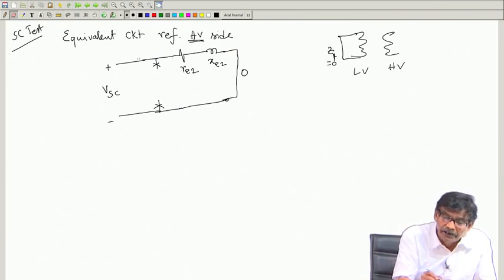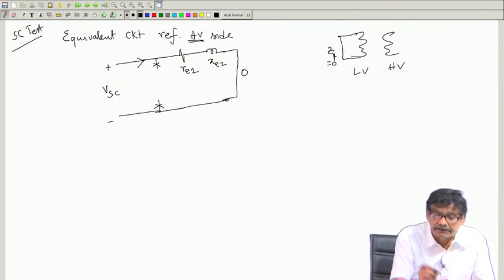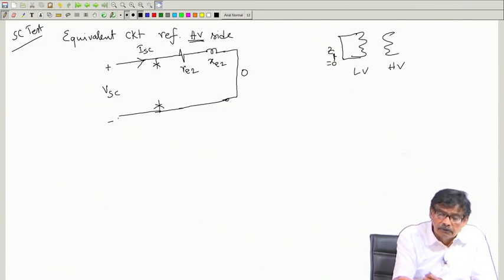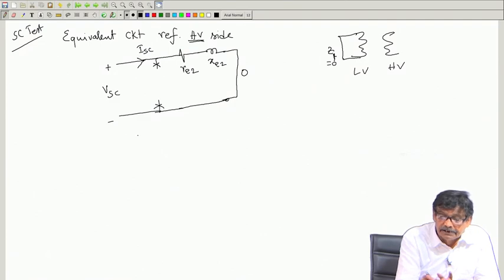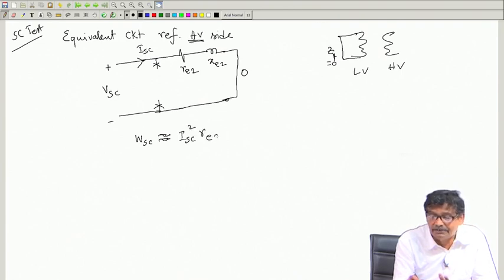Now, therefore, you have this short circuit current ISC, okay? And this is RE2 XE2. Now, what happens is this, I will then say the wattmeter reading, whatever you have got, WSC, must be approximately equal to ISC square into RE2.